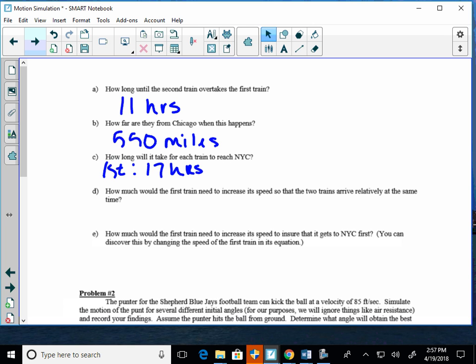Okay, so it's actually, how long? About how long does it take us to get there? About 16 and a half, right? Okay, 16 and a half hours. So we'll say approximately 16 and a half hours.